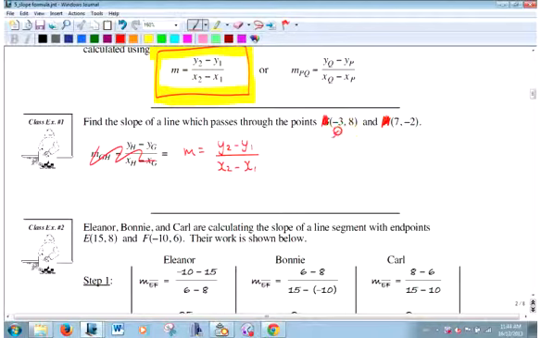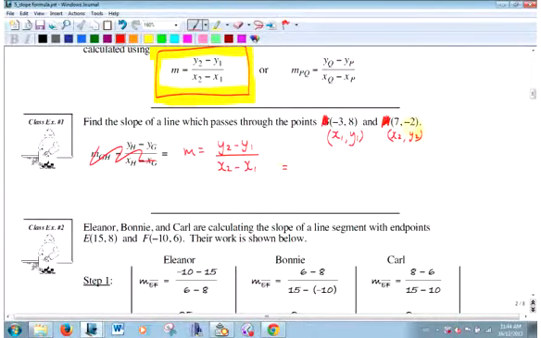This is always coordinates x and y, right? So let's label that x1, y1. So that's going to be x2, y2. If that's all you do, the rest is easy. All you have to do is plug it in where you see this in the formula.